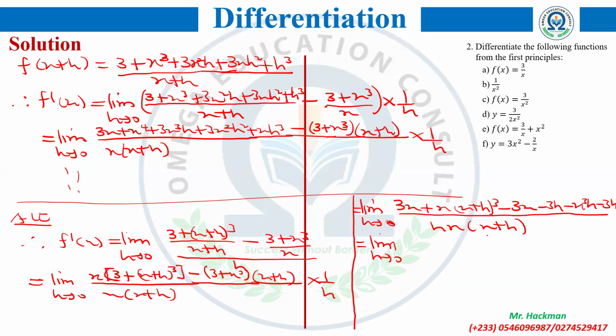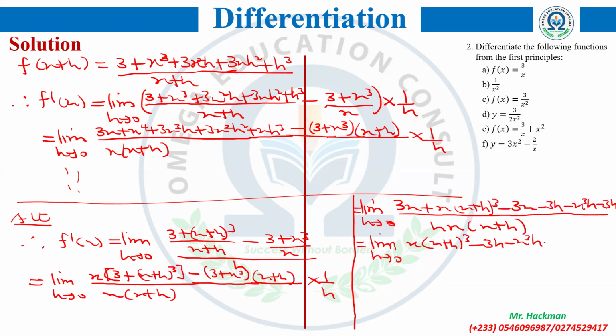So in your numerator, do you have any other term that will vanish? Okay, so on that note, we are going to get x into x plus h cubed, then minus 3h, minus x cubed h, then minus, oh, this one, was it 3h?